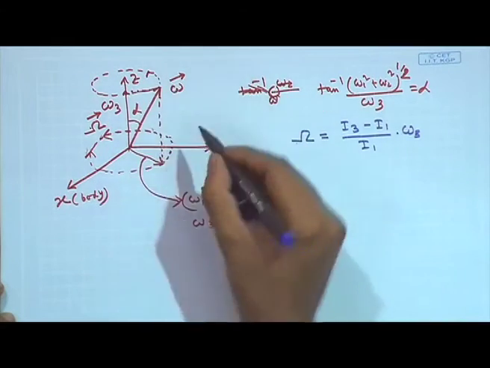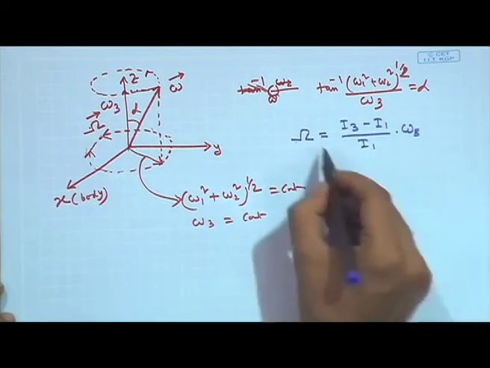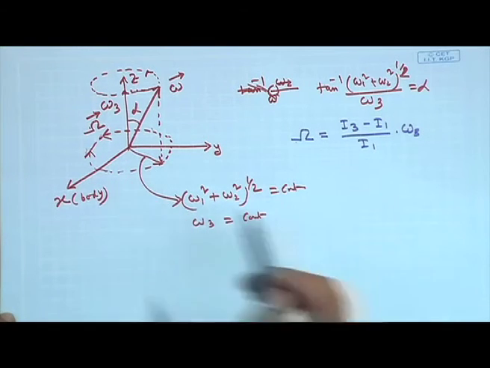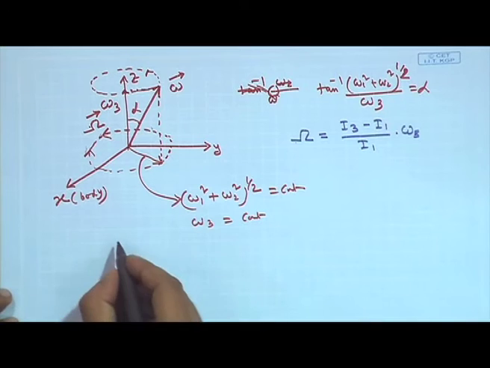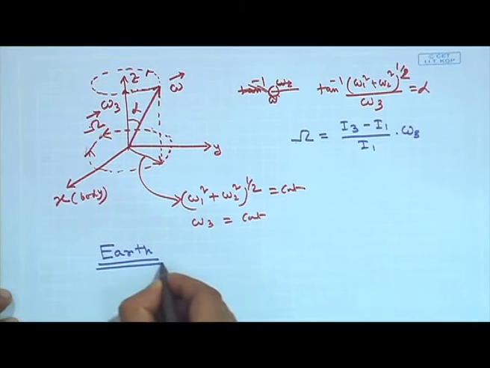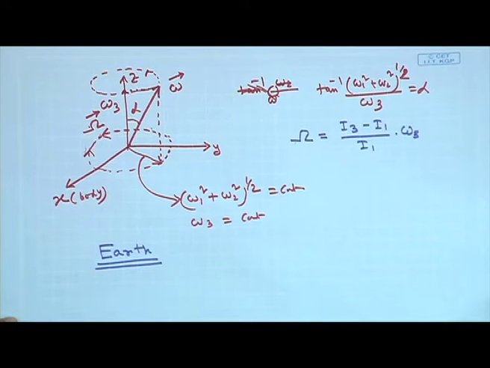Okay. Now, let us take a system which describes the situation. It so happens that our Earth, our planet, is an example of a symmetric top moving under torque free motion. Why?